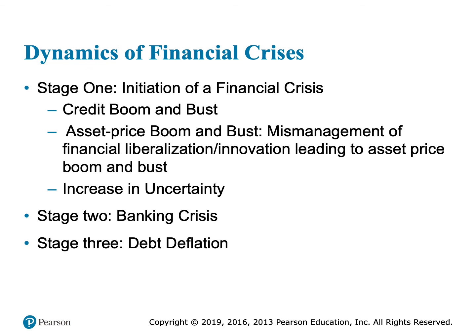We can also see asset price booms from very, very loose monetary policy, very, very low interest rates that are left too low too long, as we saw in the run-up to the dot-com bubble of 2000, 2001, and arguably before the great financial crisis of 2007.